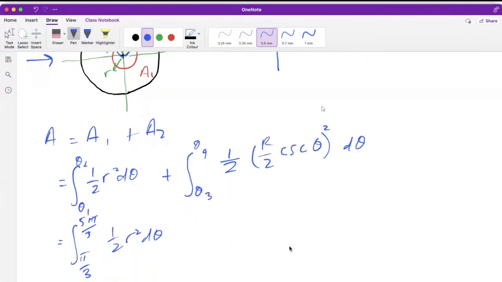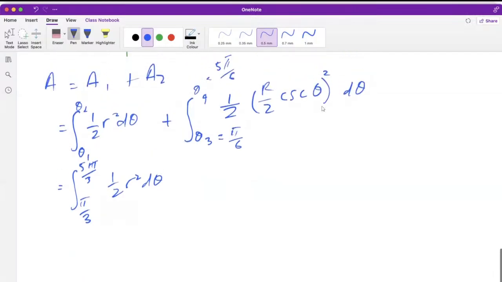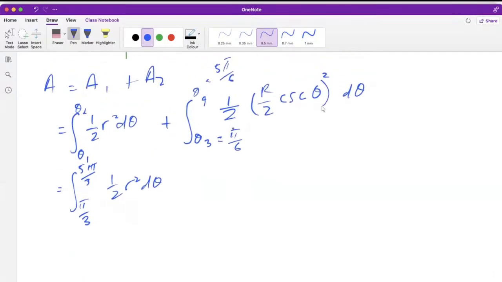If you were to do this, you just resolve the geometry. This is pi over 6, and this is 5 pi over 6.